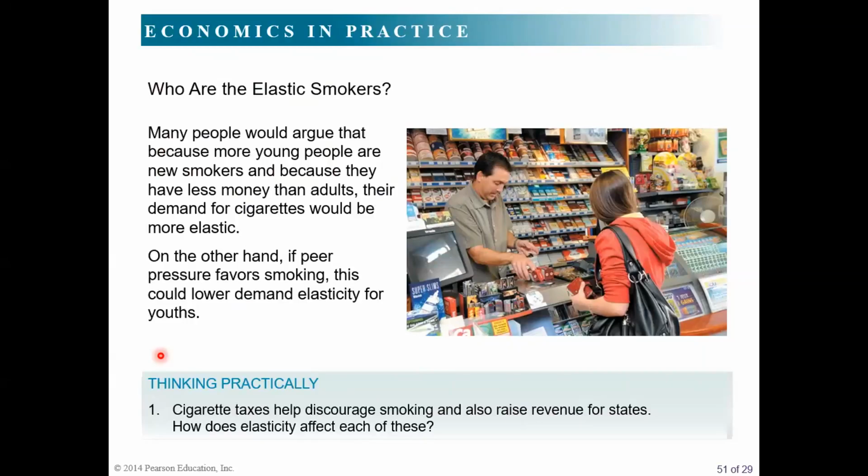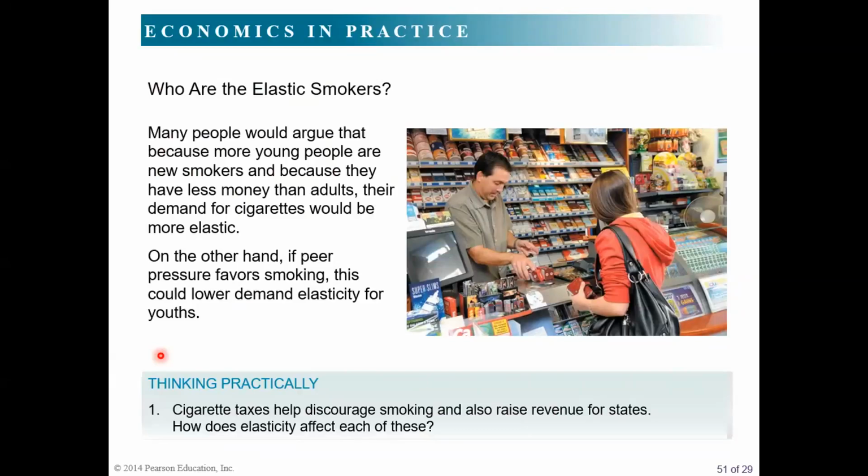So they raise a real question. Ask yourself, do you know any smokers? I've met a few, and I don't smoke, but I know a few. This question says, who are the elastic smokers? So if we as a society raise the price of cigarettes 10%, who's the person who's going to walk into the cigarette store and go, oh, you know, you raised my cigarettes 10%, I don't think I'm going to smoke anymore?